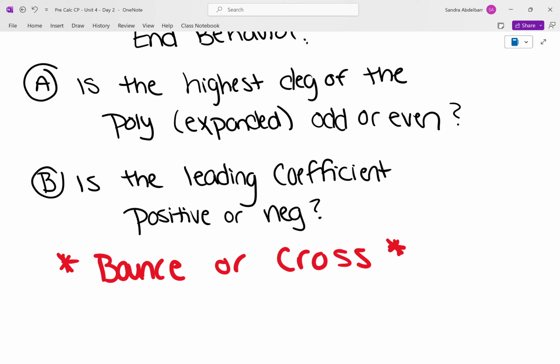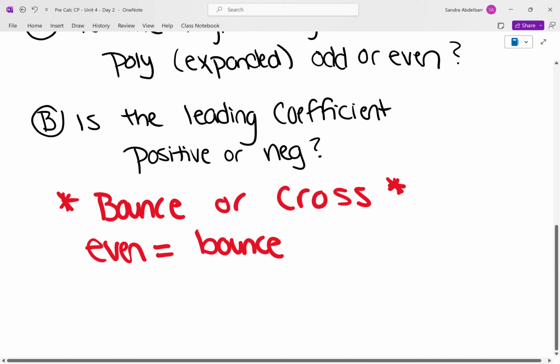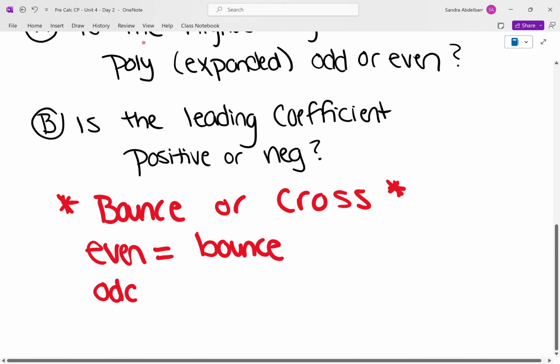Bounce or cross. And we're going to say even is a bounce, even equals bounce, odd equals cross.